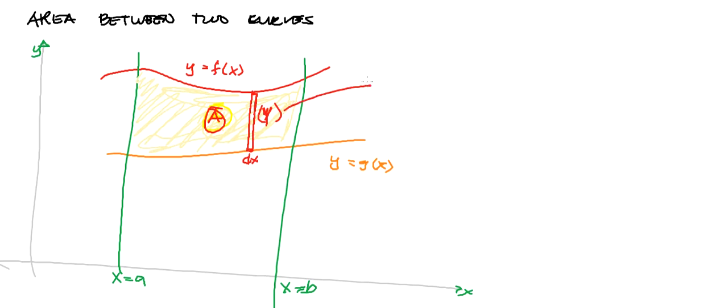The length of this vertical element is equal to the y-coordinate of the higher curve, let's call it YH, minus the y-coordinate of our lower curve, or YL.